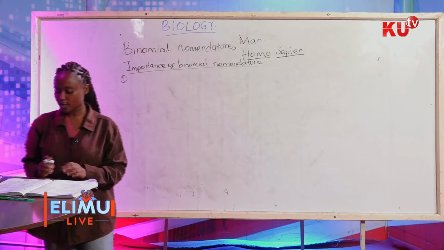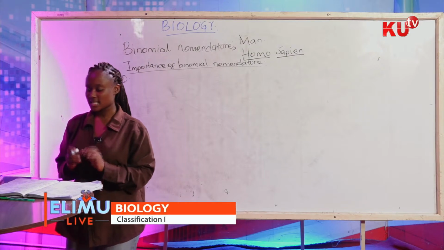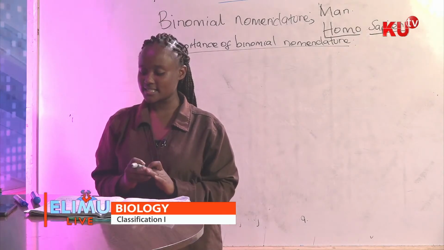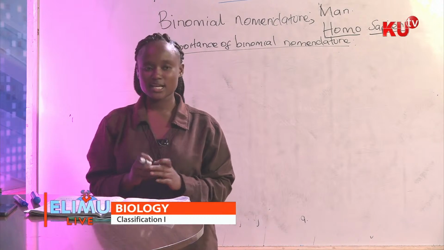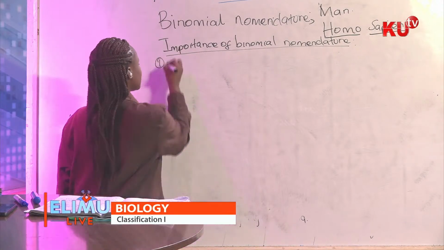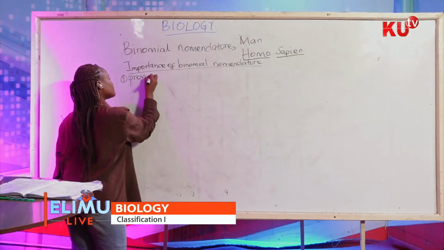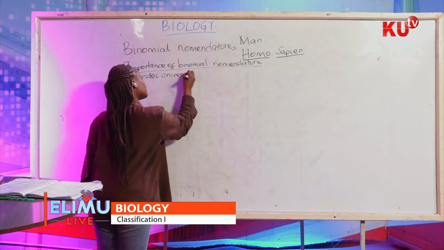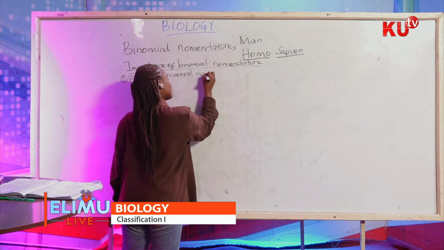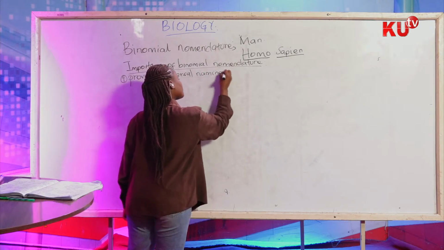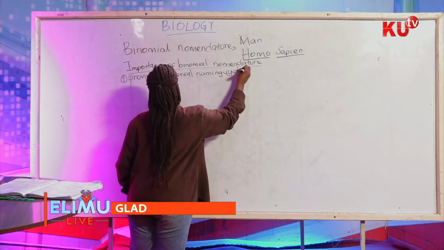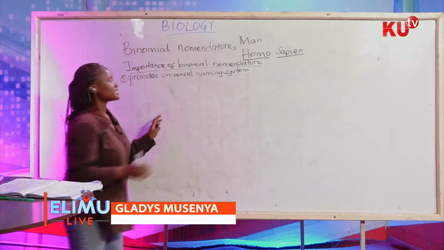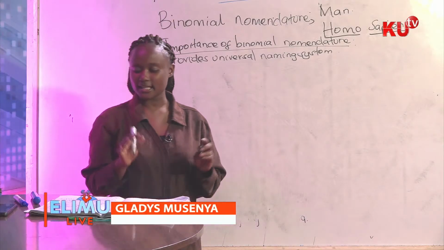First, binomial nomenclature provides a universal naming system that scientists use. It provides a universal naming system that the scientists can use.